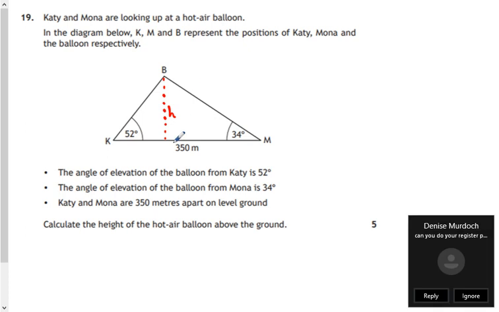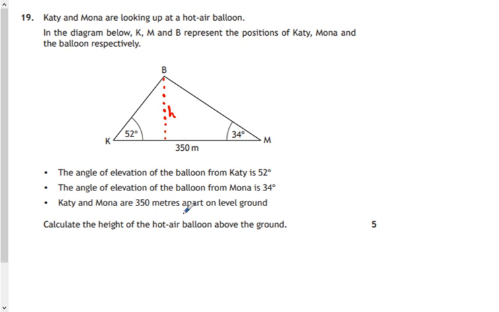And since we have two of our angles, we can actually calculate what the missing angle in here is. So angles in a triangle add up to 180. So 180 minus 52 and 34 make 86. So 180 minus 86 comes out as 94. So there's our 94 degrees in here.